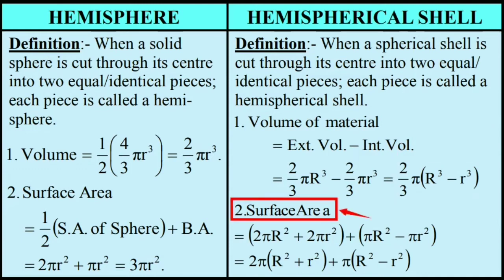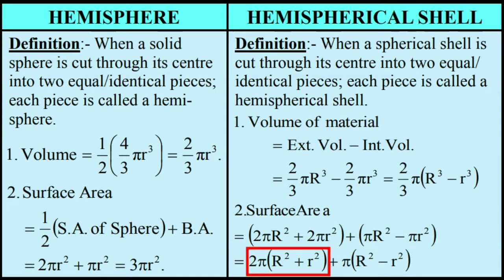The surface area of a hemispherical shell is a combination of external curved surface area, internal curved surface area, and the surface area of an annular ring created. In the expression for surface area, 2 pi capital R square is external curved surface area, 2 pi small r square is internal curved surface area, and pi capital R square minus pi small r square is area of the annular ring.